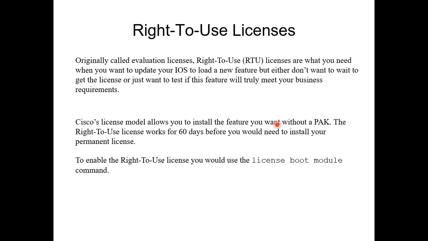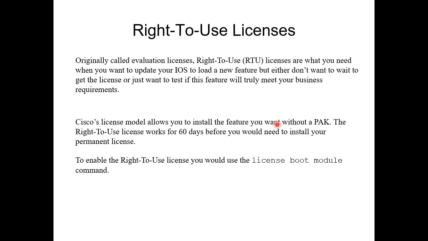Right to use, originally called evaluation licenses. Right to use licenses are what we need when we want to update our IOS to load a new feature, but either we don't want to wait to get the license, or just want to test to see if this feature is what we really need. So Cisco does provide a license model that allows you to install the feature without the actual licensing key.